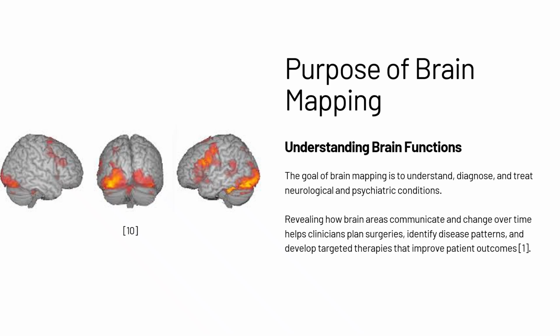By identifying which areas of the brain are responsible for certain abilities, doctors can plan surgeries and treatments with greater precision and safety. In short, brain mapping connects the brain's structure, function, and behavior.